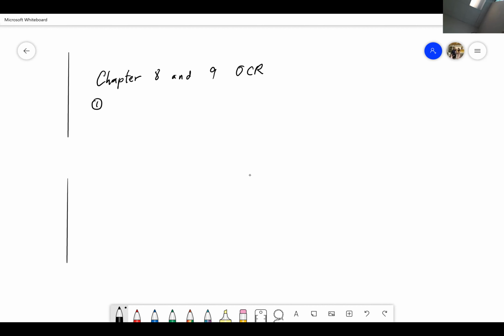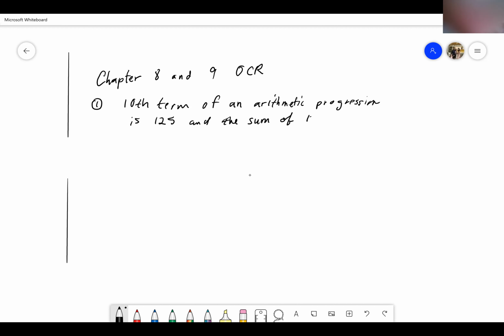All right, number one says the 10th term of an arithmetic progression is 125. And the sum of the first 10 terms is 260.